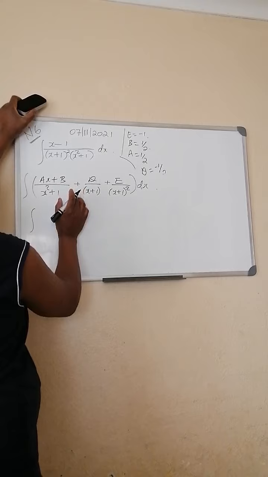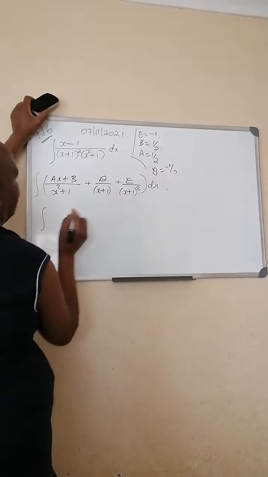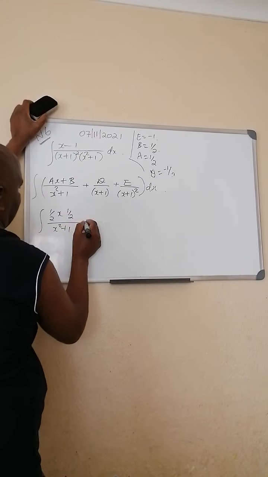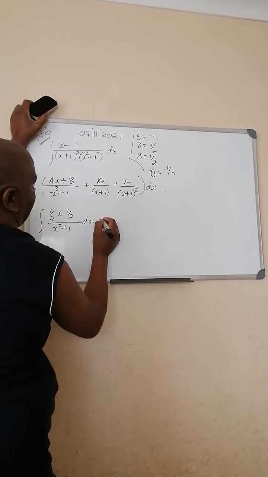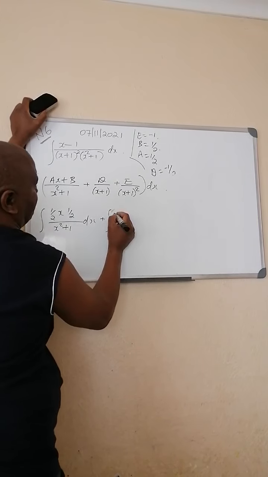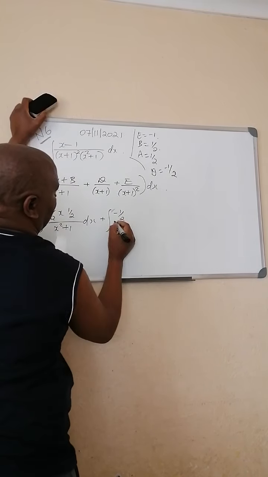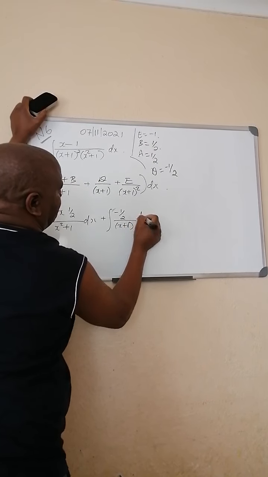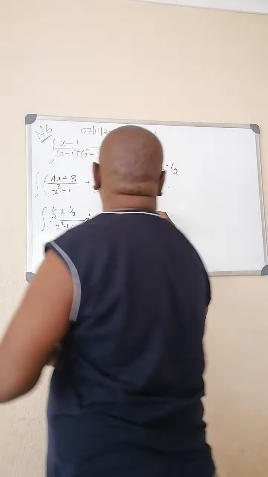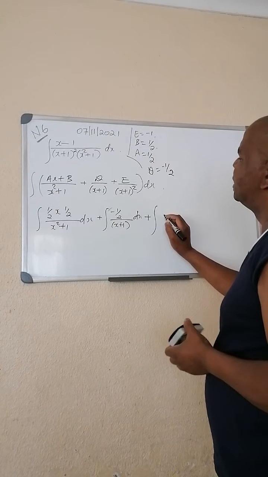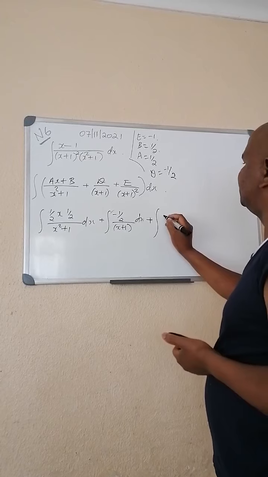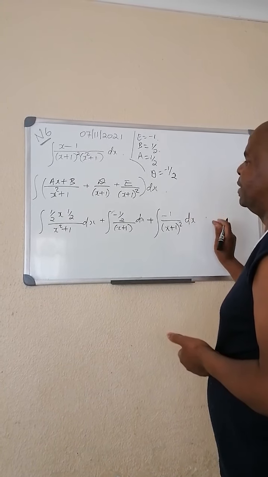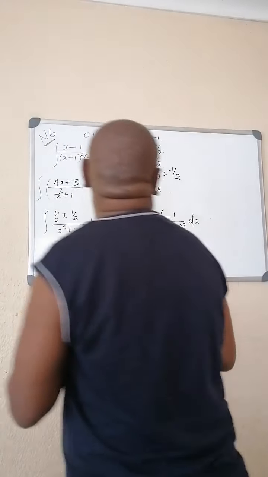Now what is ax plus b? It's half x plus half over x squared plus 1 dx, plus, what is d? D is minus 1 over 2 over x plus 1 dx, plus e, what is e? It is minus 1 over (x plus 1) all squared. So this is what we must integrate.